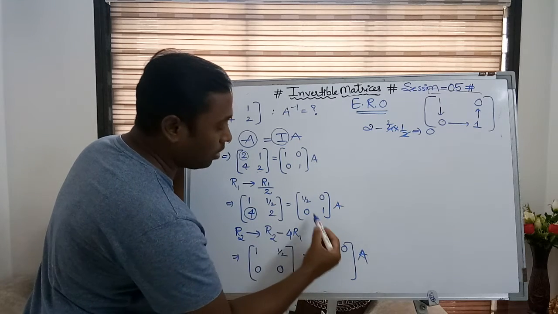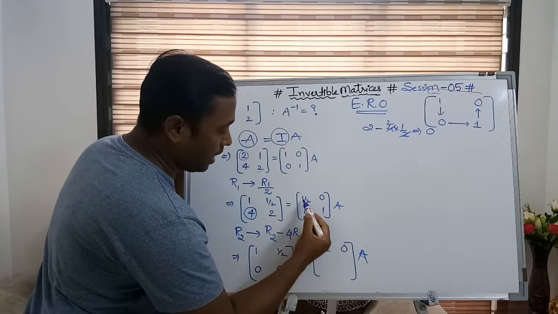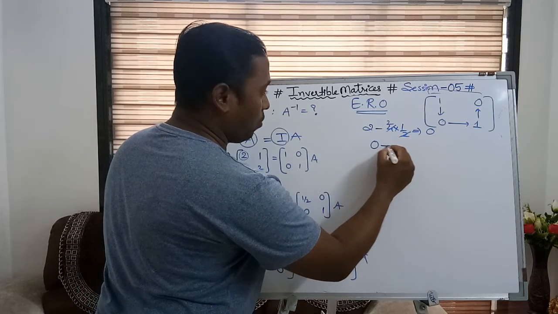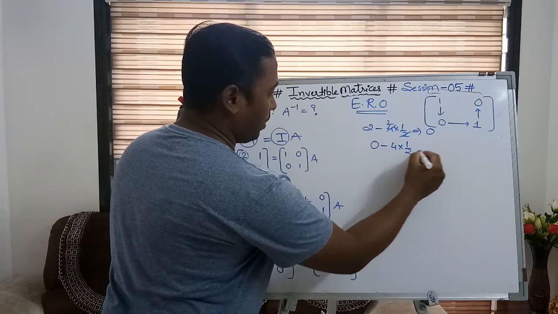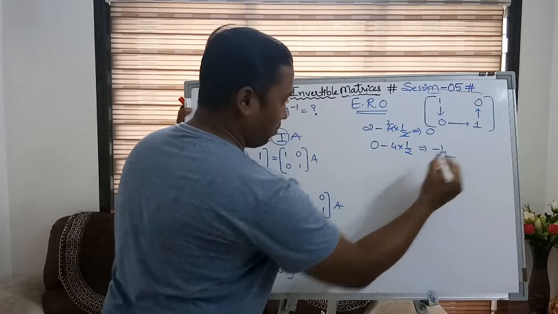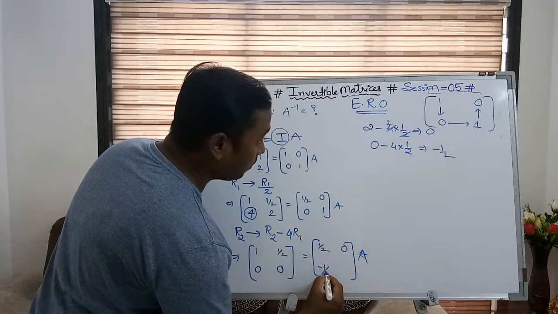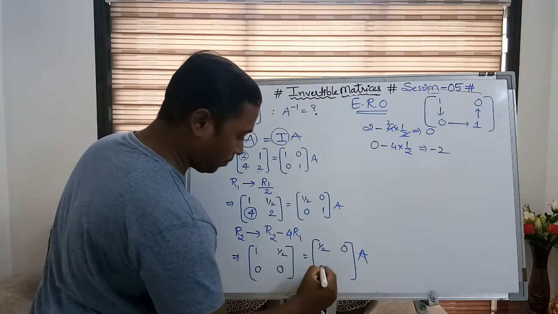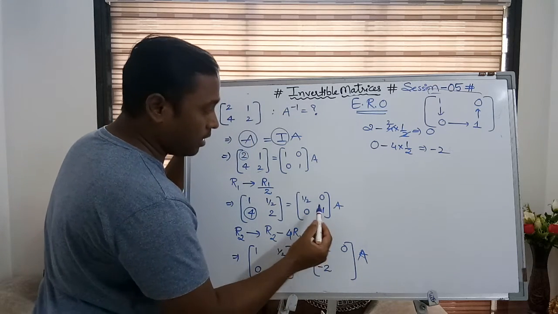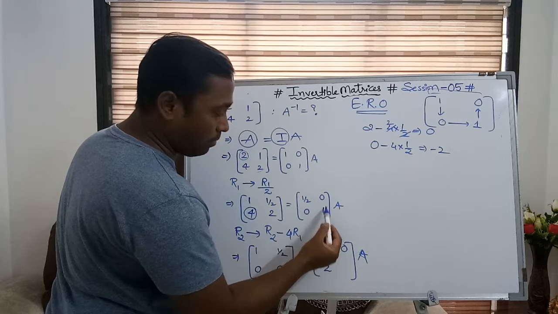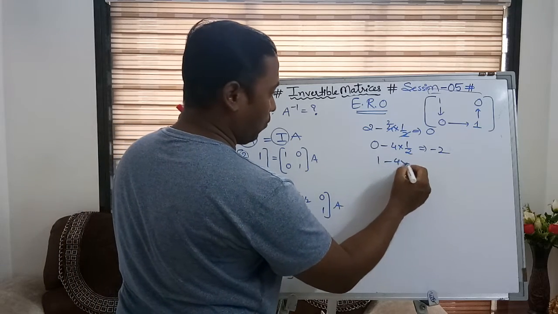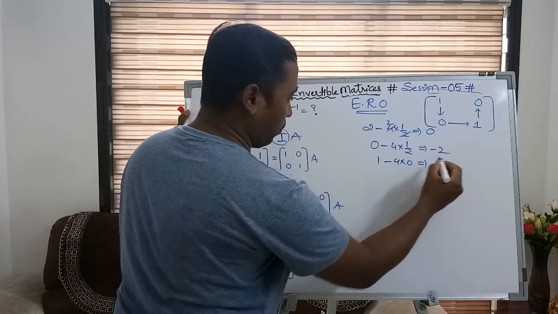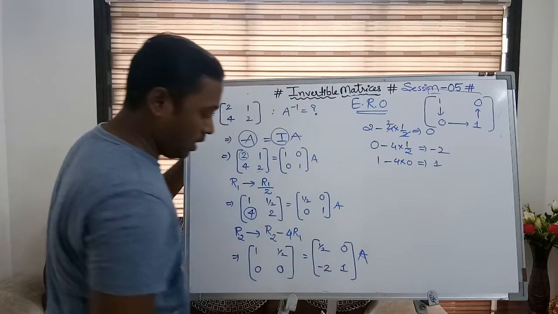It applies to the entire row. So 0 minus 4 times 1 by 2. What will you get here? Minus 1 by 2. Sorry, minus 2. And then here, 1 minus 4 times 0. It's 1 only.